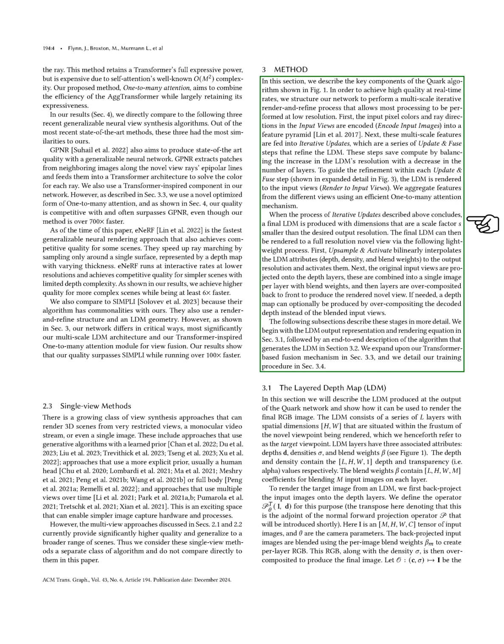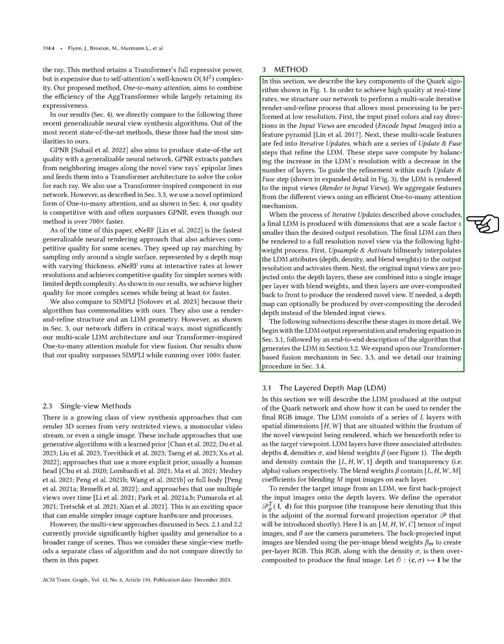The layered depth map, LDM, produced by the Quark network consists of 21 layers, each with spatial dimensions of 22. These layers are positioned within the frustum of the target viewpoint. Each LDM layer has 3 attributes: depth, density, and blend weights. The depth and density represent depth and transparency values, while the blend weights contain coefficients for blending the input images on each layer.